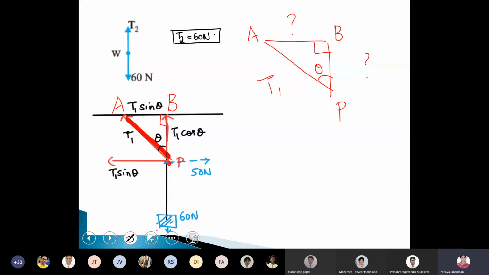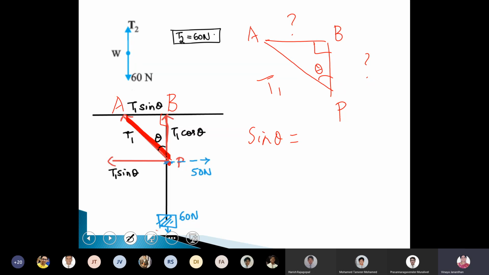Now in this right triangle, let me find sine theta. I'll ask someone. Dheeraj? Just in this triangle, tell me what is sine theta. For this angle theta, which is the opposite side?